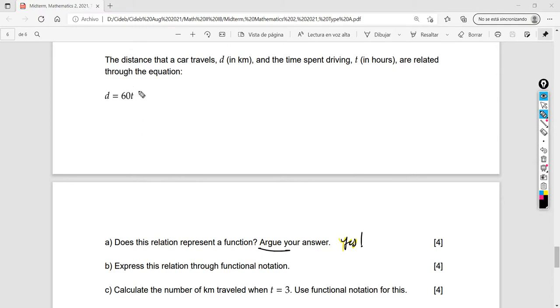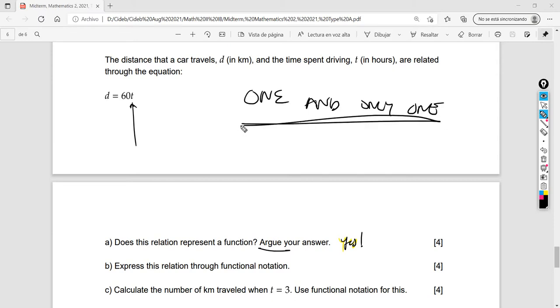The argument is that for each value of time that we can put in here, we will only get one and only one. This is the key phrase, guys. Never forget the idea. For each value of time, we get one and only one value for the distance, according to this equation.